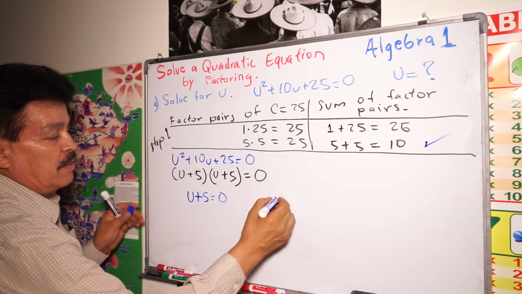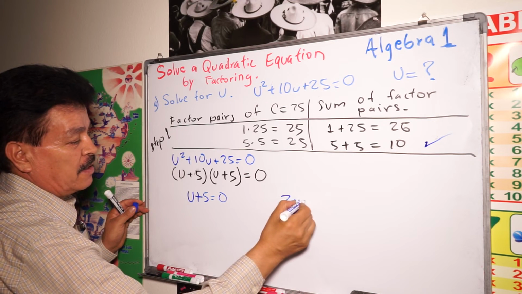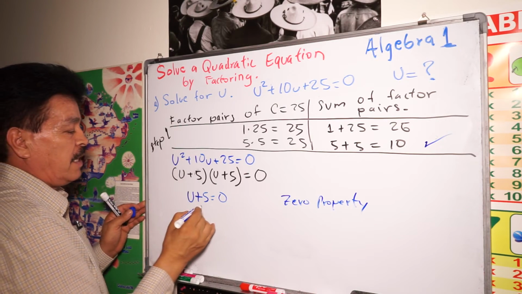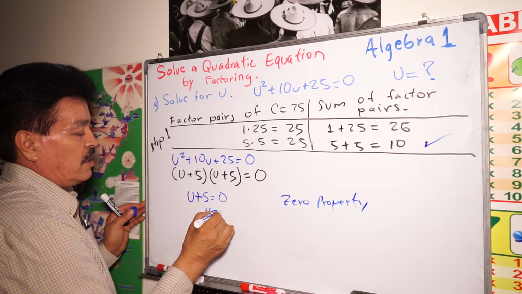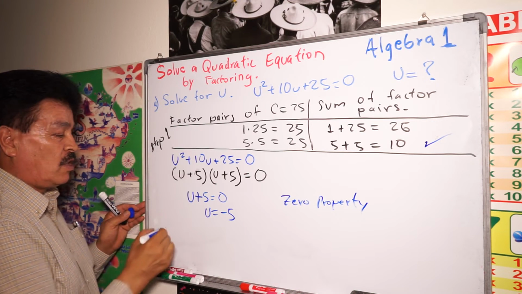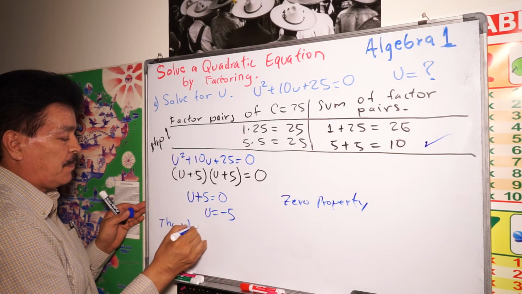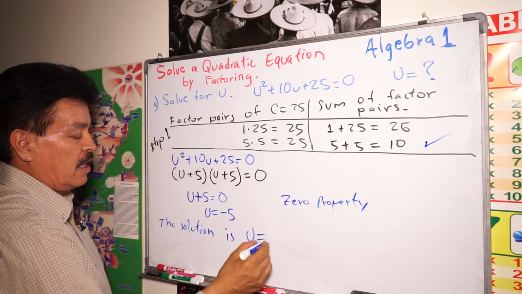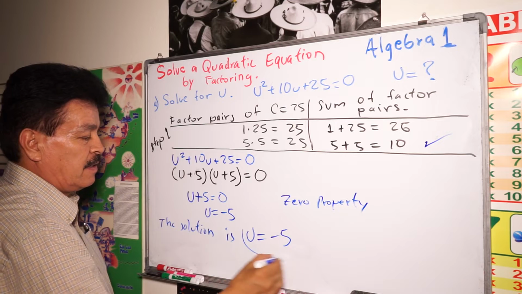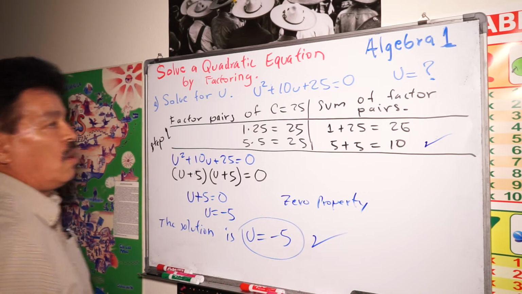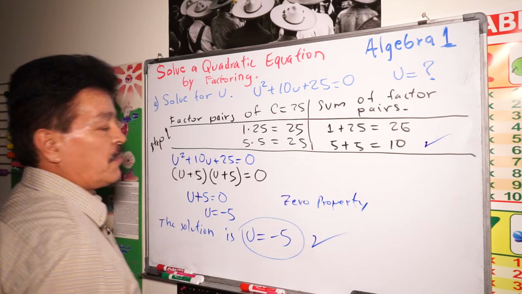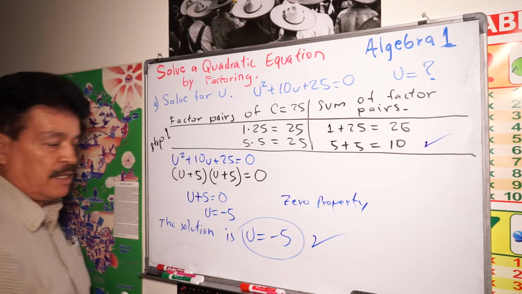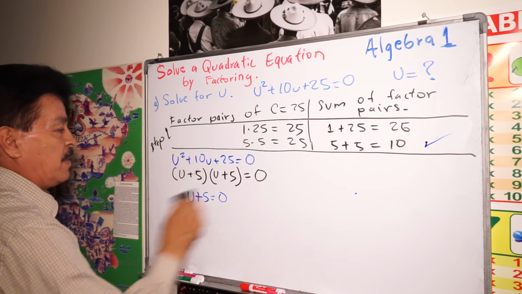So let me write it here, zero property. So easy. u equals negative 5. So the solution is u equals negative 5. This is our solution because we are looking for the value of u. This is the way to solve the equation by factoring. This is very simple. Okay, let's go and do another problem.